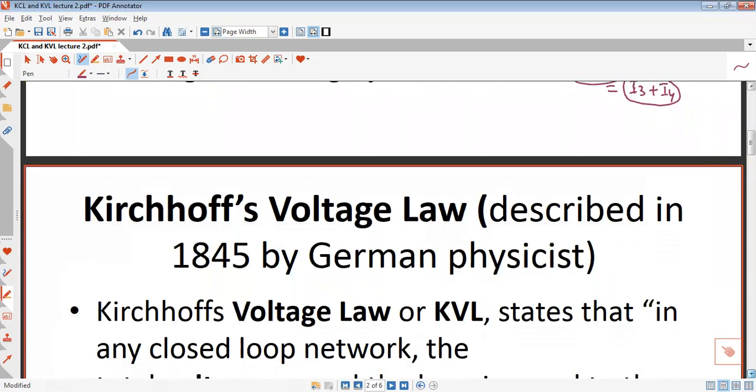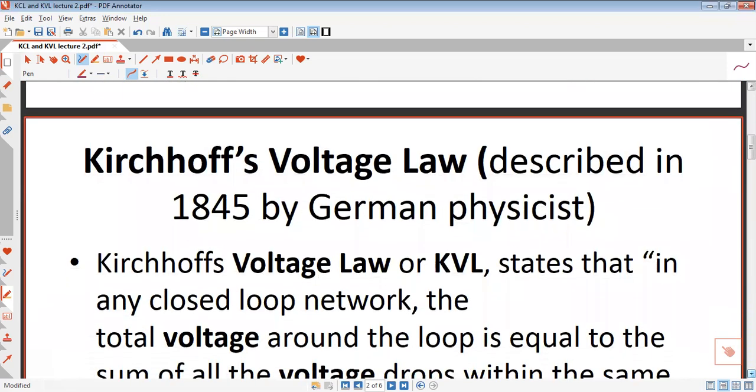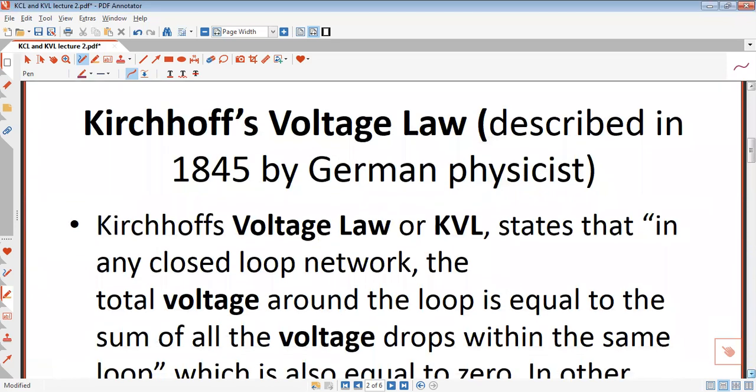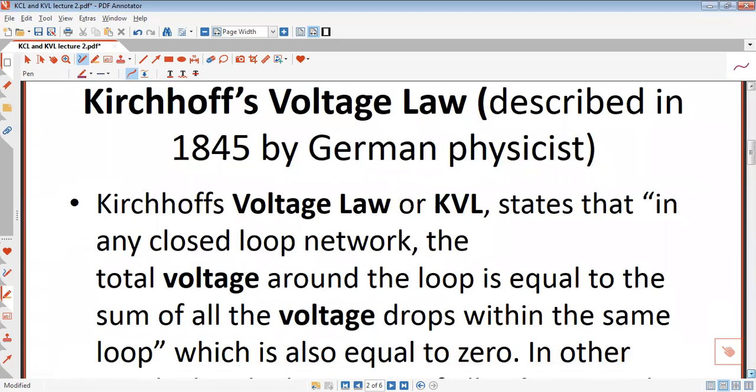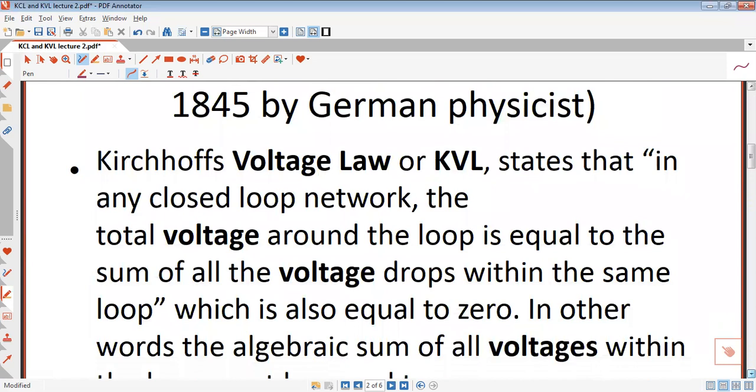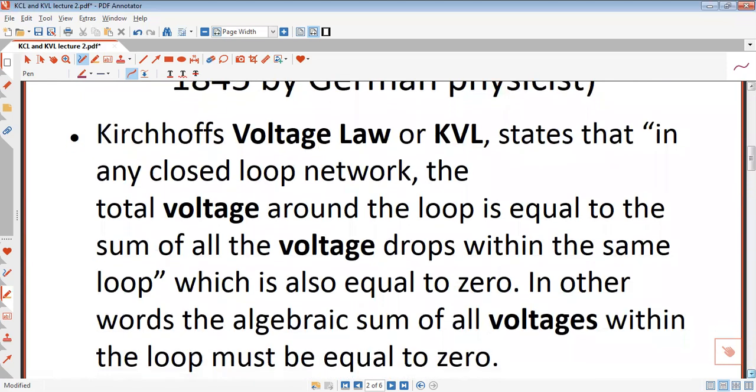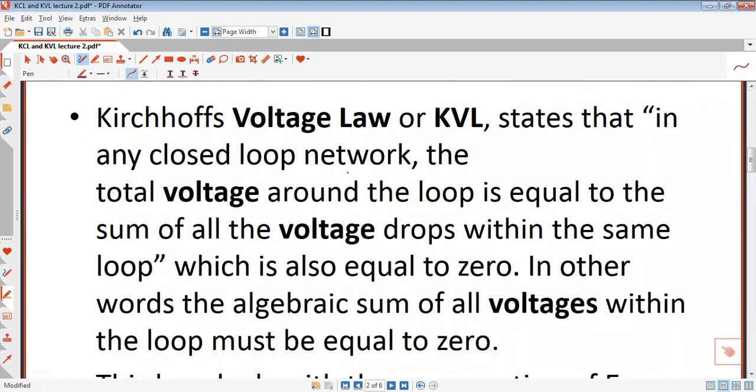Same scientist, physicist: Kirchhoff voltage law was described in 1845 by a German physicist. Kirchhoff voltage law or KVL states that in any closed loop network, the total voltage around the loop is equal to the sum of all the voltage drops within the same loop, which is also equal to 0.